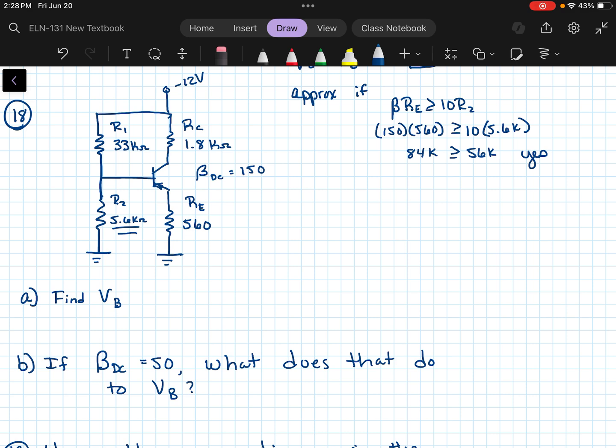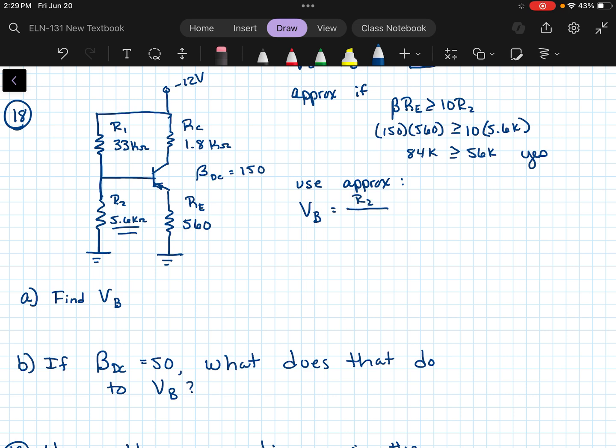I actually might do that. If you're looking at the textbook, I think the answers they use are for the exact approach, but since we used the exact approach before, let's do the approximate method now. It should be close enough for us to work with. First, we need to find VB. If we use the approximation, then VB would just be the voltage across R2 of our voltage divider.